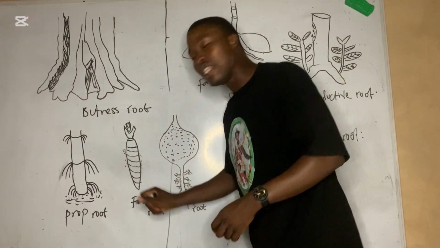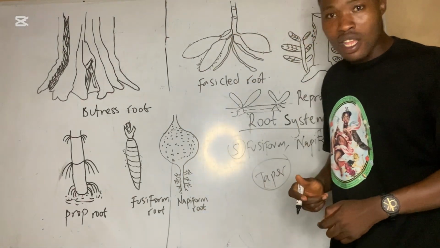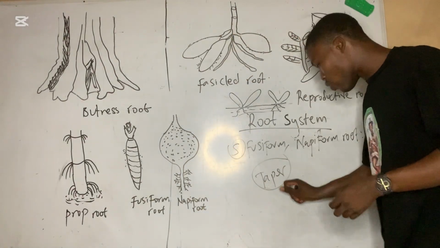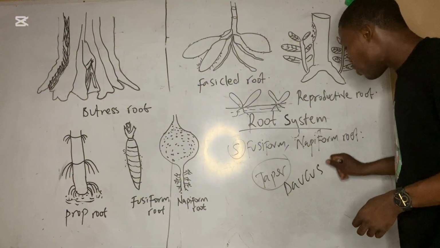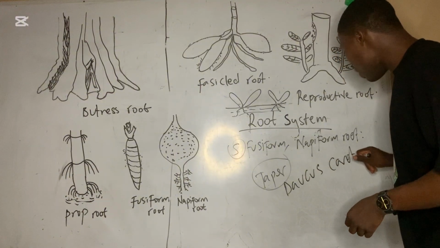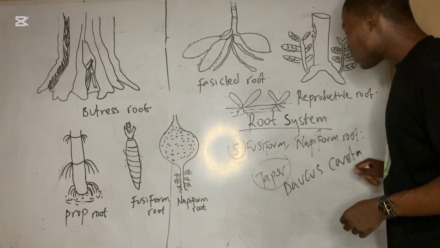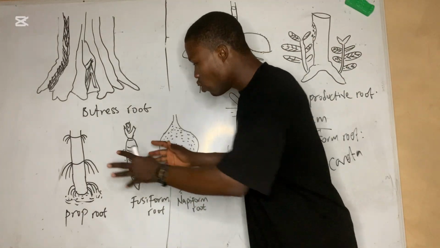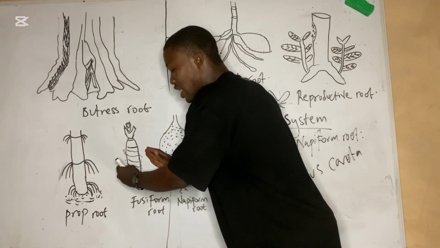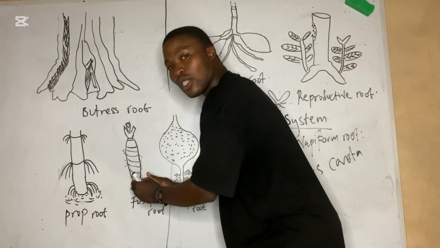Daucus carota, which is carrot. Daucus carota is carrot. This is it on the board. Now this one is swollen, as I said, at the middle and gradually tapers off. That's fusiform.